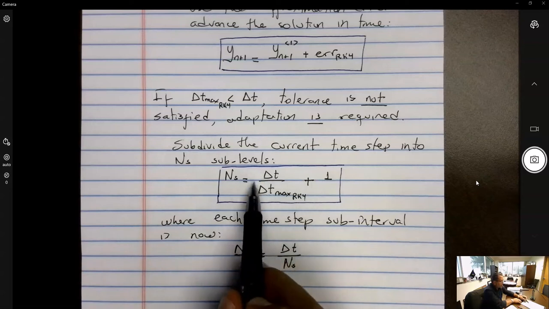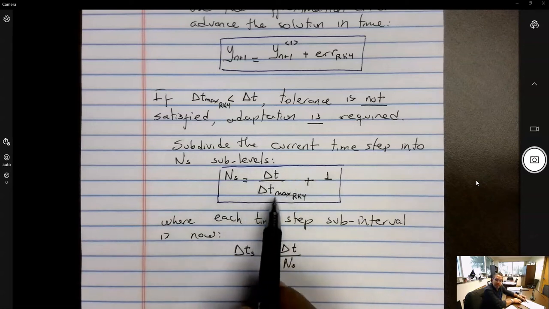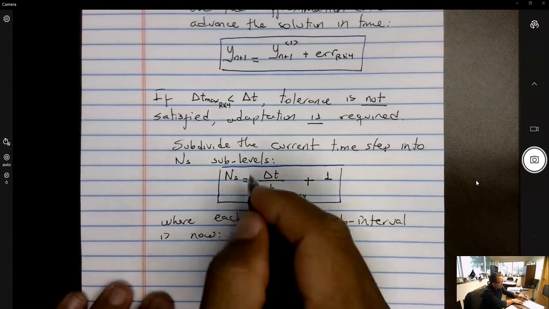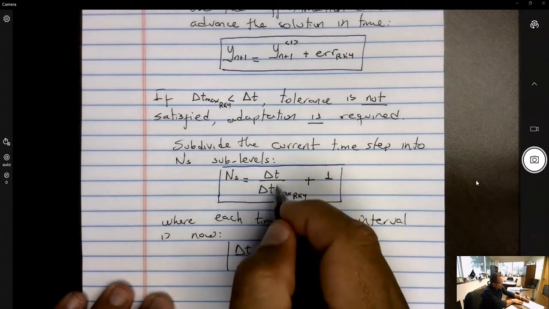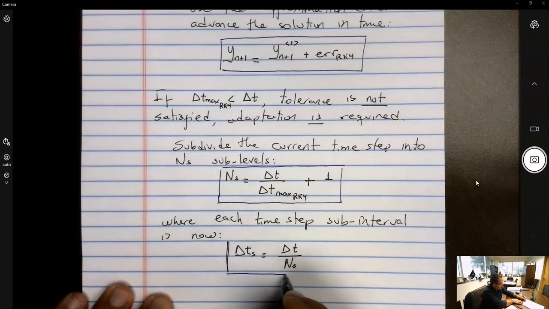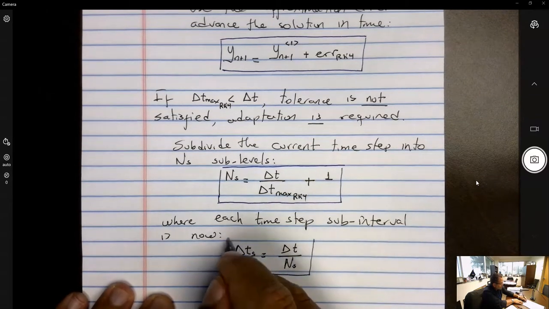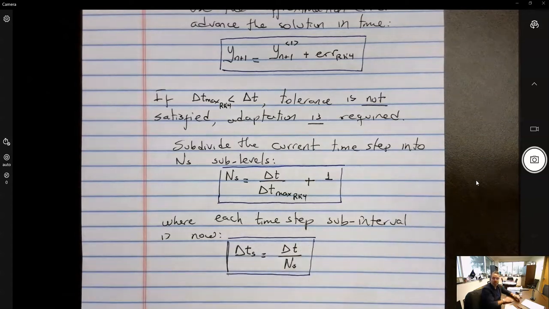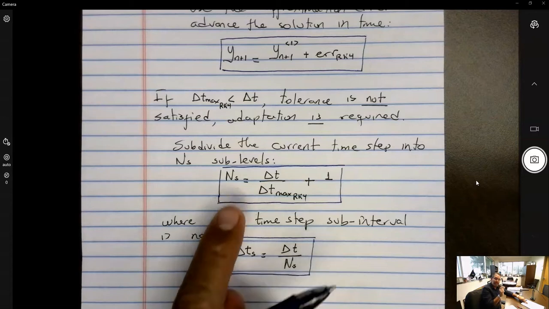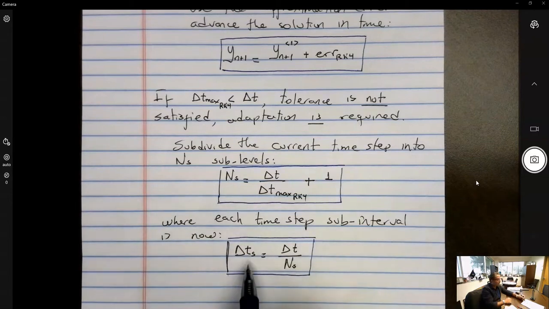Obviously, you're going to have to do this as an integer division, right? Because you don't want this to be a real number. So delta t over delta t max is not necessarily an integer, so you're going to have to do a rounding there. But this is essentially what you're going to do. You're going to break up into ns time levels within that time step, and every little sub-interval time step size is going to be delta t divided by ns.